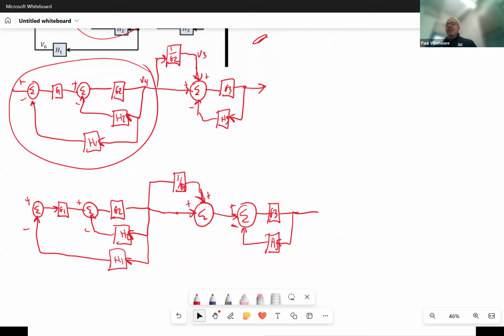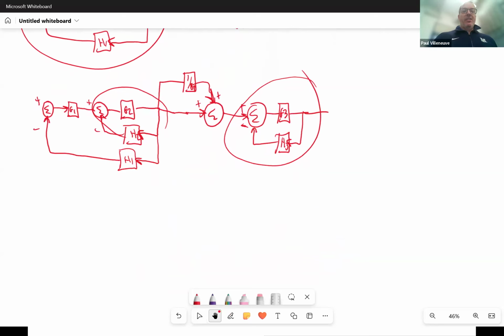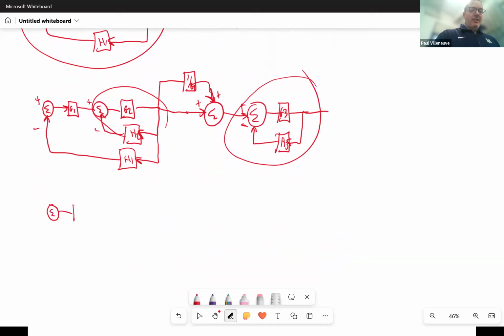And now we can do things simultaneously, right? We can take this and simplify it, and we can take this and simplify it. So let's go ahead and do that. Here's my summer. Here's G1. What does this become? Once I put it in my summing junction, or I put inverted negative feedback loop, it's G over 1 plus GH, right?